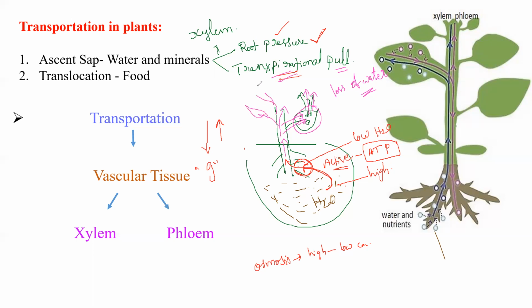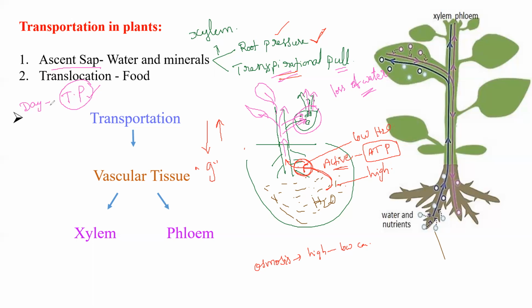Okay, these are the two main mechanisms included under ascent of sap. I hope you got this. Transpirational pull and root pressure. Here one more point you should remember. During the day, transpirational pull will be the major driving force, because during the day there is more transpiration, and water is transported more by the transpirational pull.